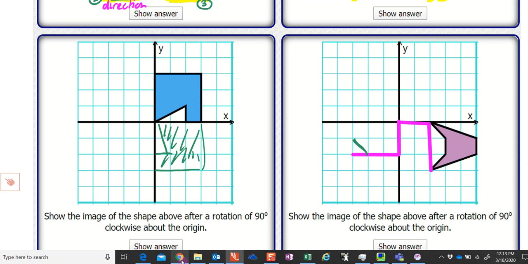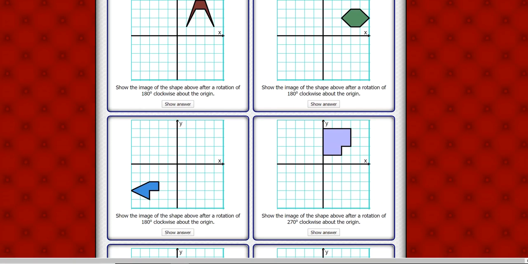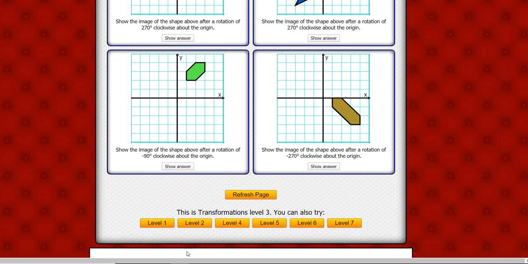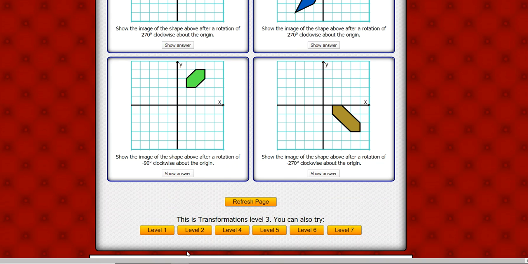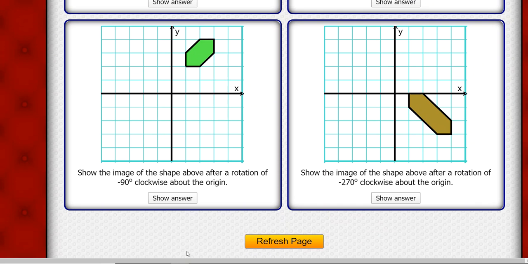Let's just have a quick look before we move on. What do you think is different about saying rotation of negative 90 clockwise? The other way.